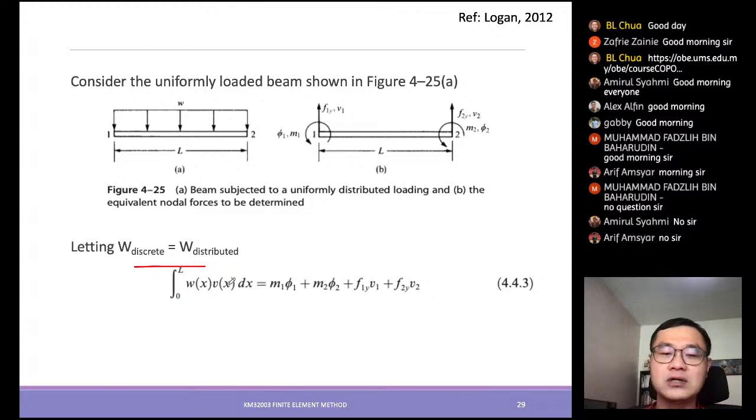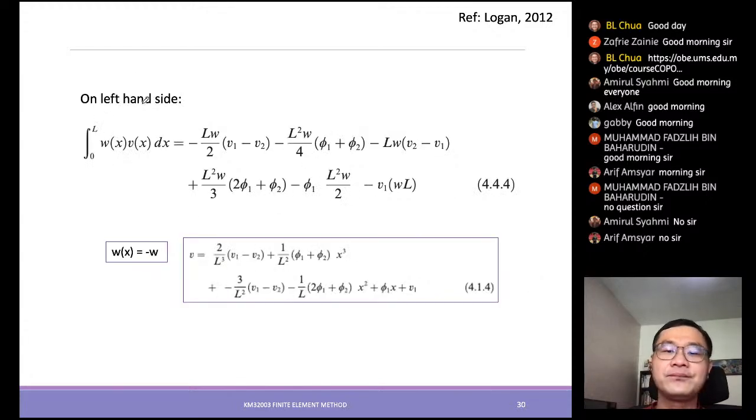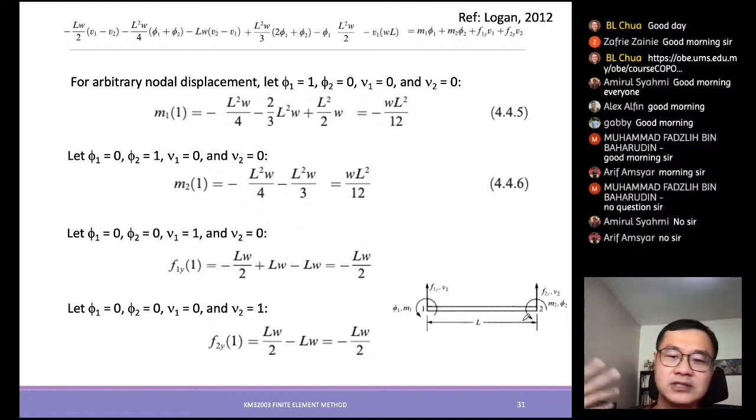Then equate them, solve it, and you should get these equations eventually. We will not go into detail on this, but the idea is there.